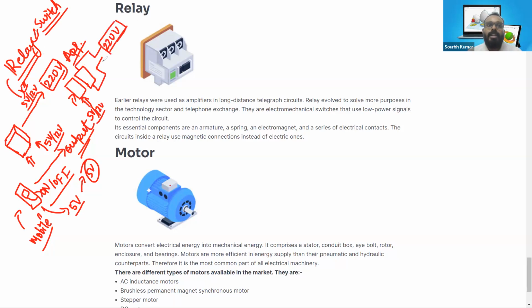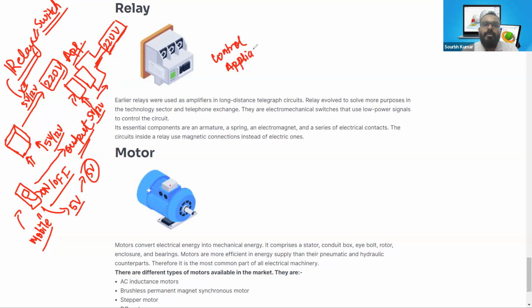So it is divided into two halves. One half is the magnetic one, and I will show it using some animations in my future classes, when we do the project related to relay. So using the relay, we can switch the voltage or control the electronic appliances in our home.